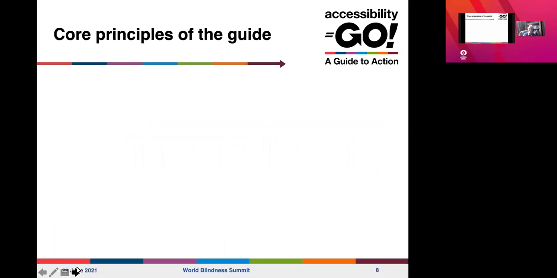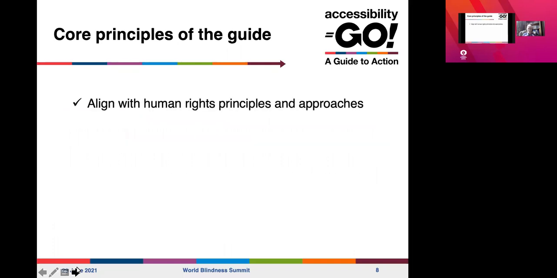Thank you, Ben. So basically the core principles behind this guide is that we take forward what the Convention on the Rights of Persons with Disabilities, the CRPD, means in practical terms. And so the guide aligns completely with Article 3 of the Convention on the General Principles to ensure autonomy, choice, equality between men and women, full accessibility.